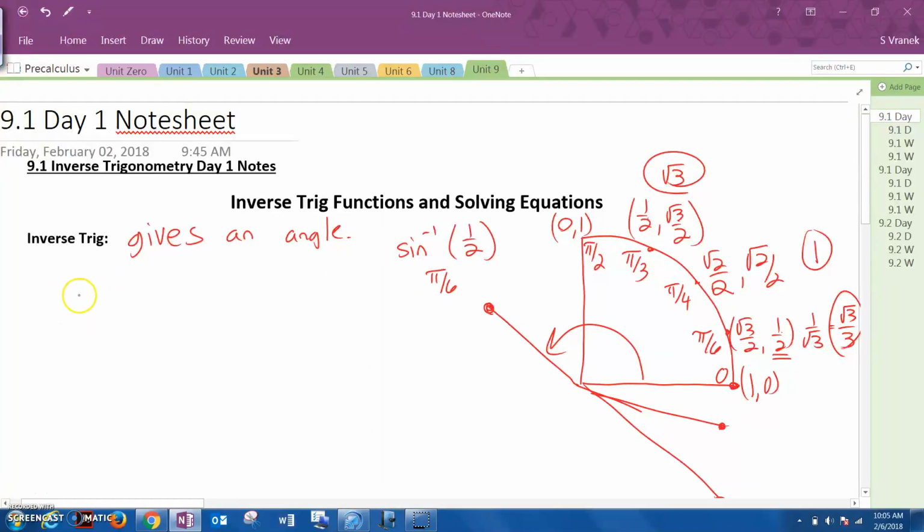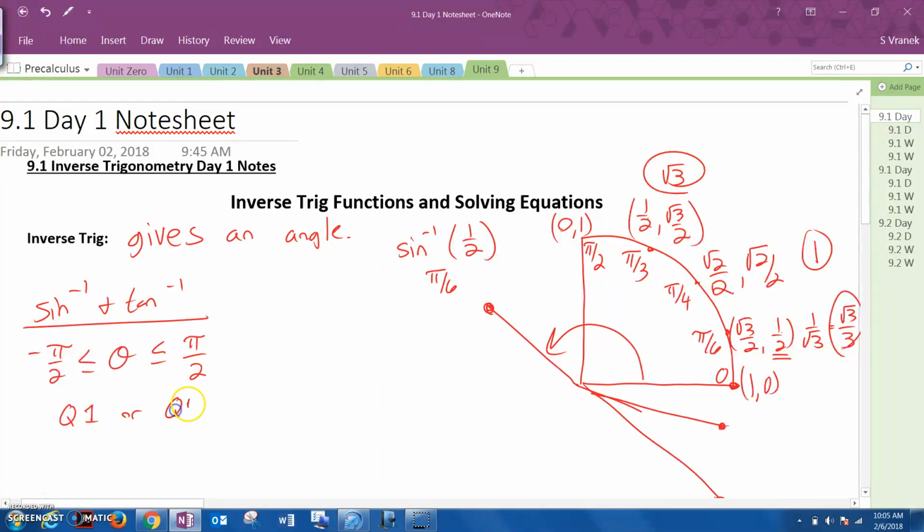But there are some restrictions. Sine inverse and tangent inverse give you an angle between negative pi over 2 and pi over 2, which means it gives you an angle in quadrant 1 or quadrant 4. Cosine inverse can't give you an angle in quadrant 4 because it's the same value as quadrant 1.